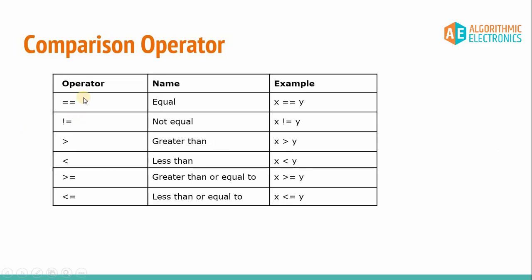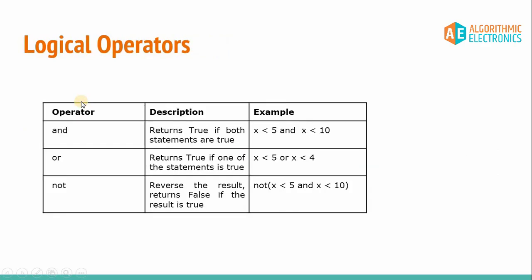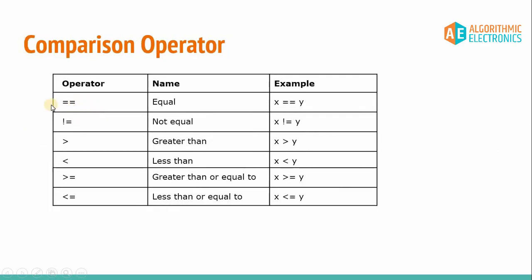So here we have this equal to operator that will check whether this x is equal to y or not. If x is equal to y, that means the result is true, otherwise the result will be false. This is the not equal to operator, its result is true if x is not equal to y. This is the greater than operator, its result is true if x is greater than y.